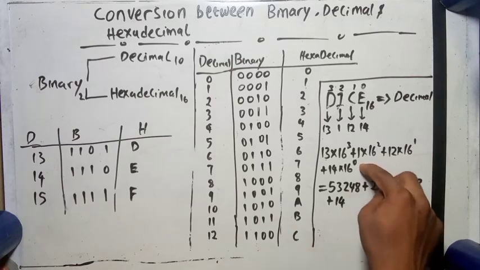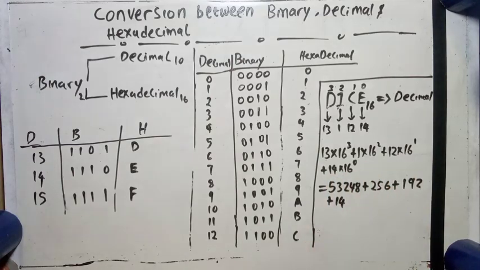Anything raised to the power 0 is 1, so 1 times 14 is 14. Now you simply add up. So we have our final answer to be 53710 base 10.